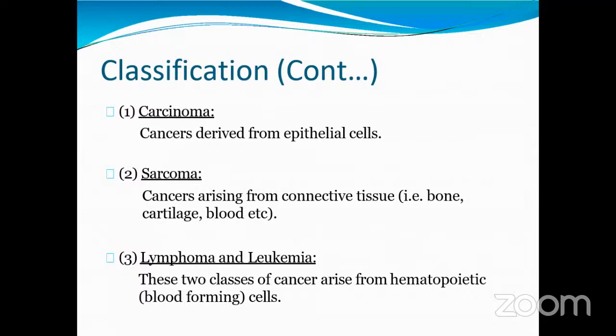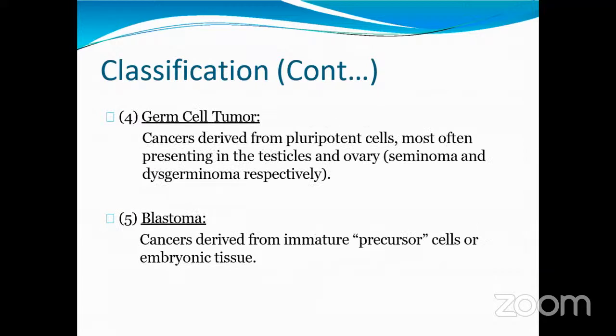Hepatocellular carcinoma, like that, is an example. Then sarcoma. Sarcoma is cancer arising from connective tissue, that is in bone, cartilage, blood, etc. Then lymphoma and leukemia are in hematopoietic cells. Then germ cell tumors, which are usually very dangerous, are from pluripotent cells and are usually seen in ovaries and testicles.